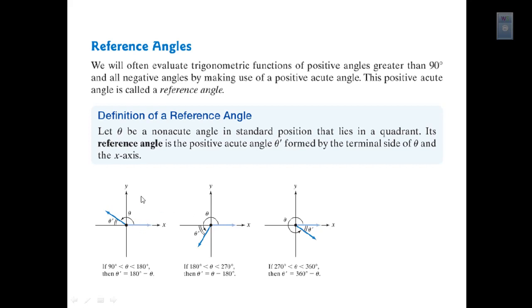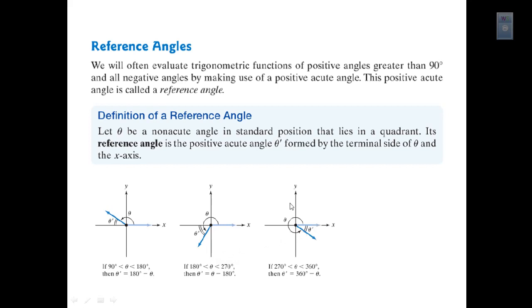Of course in quadrant 1 the reference angle is just going to be itself. In quadrant 2, it's going to be found by taking 180 degrees and subtracting theta. So if we go all the way over to 180 and take away this theta, we're left only with this part right here. That's our reference angle. If we've got an angle between 180 degrees and 270, you're going to take that entire angle and subtract 180 from it, and that leaves you with your reference angle.